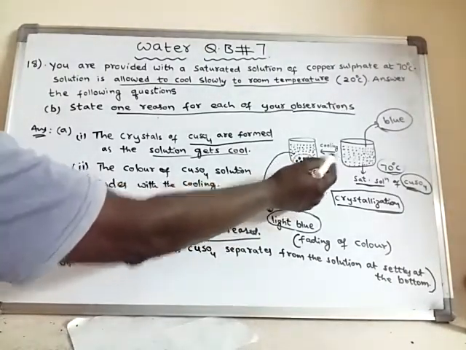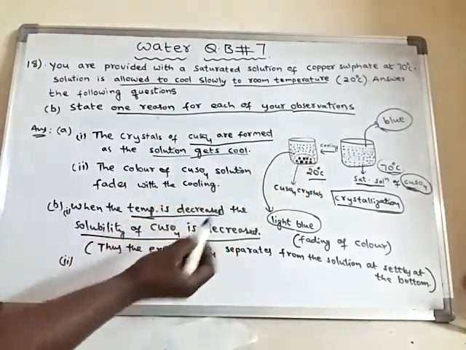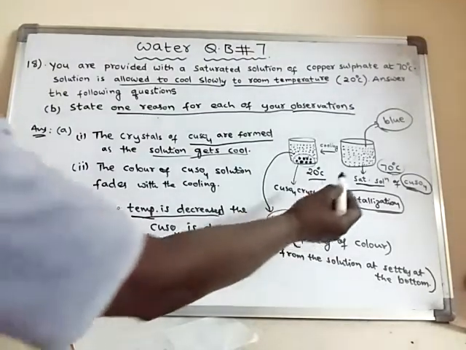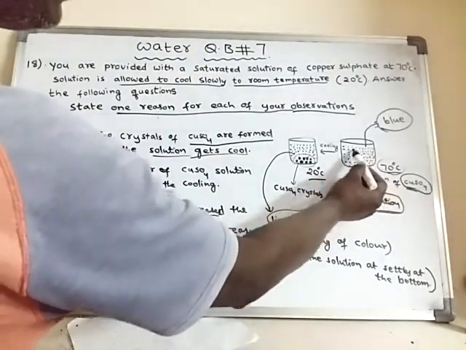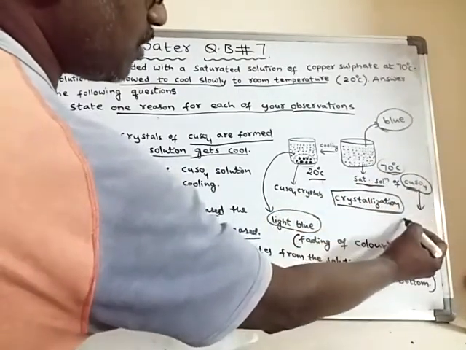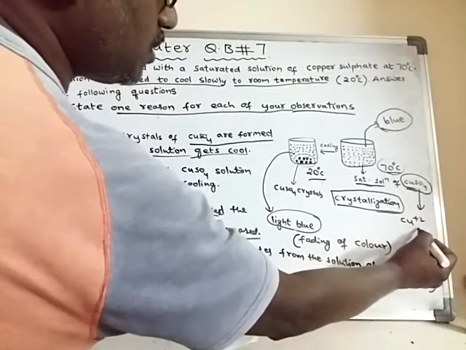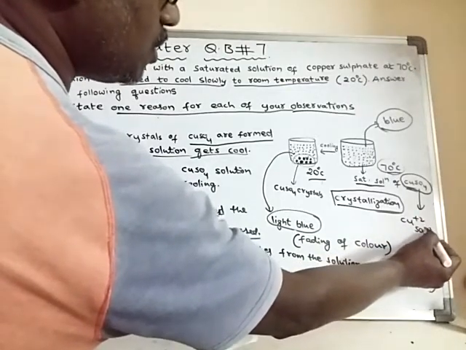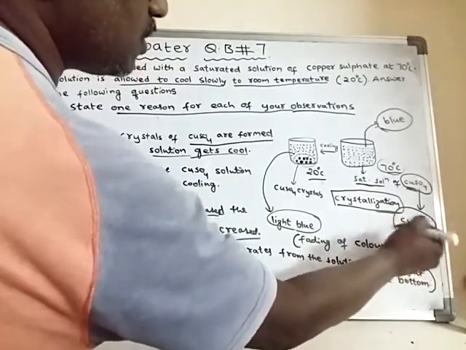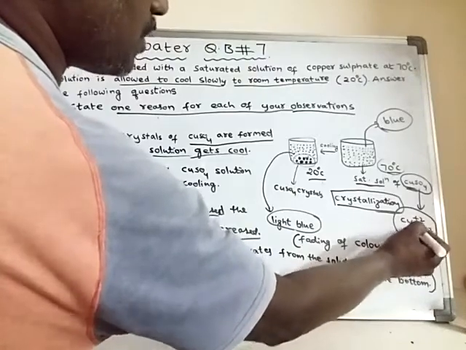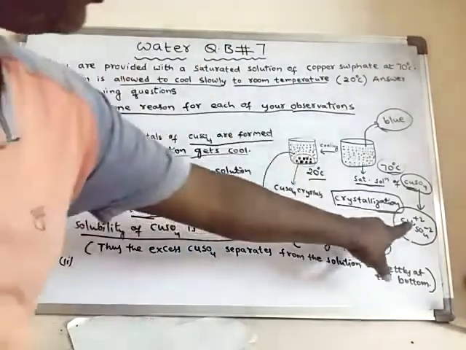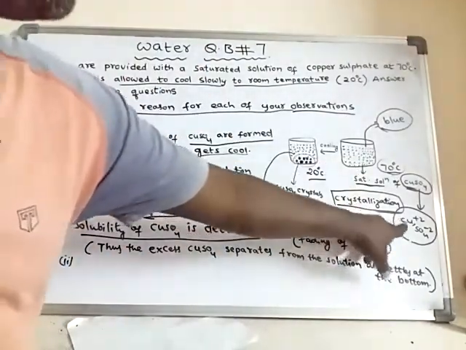Due to the crystallization of copper sulfate, the number of ions decreases. Actually, the ions produced from copper sulfate are Cu2+ ions and SO4 2- ions. These are free ions present in the solution in dissolved form.